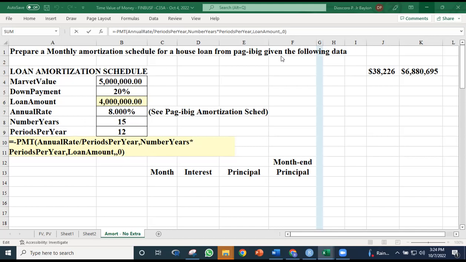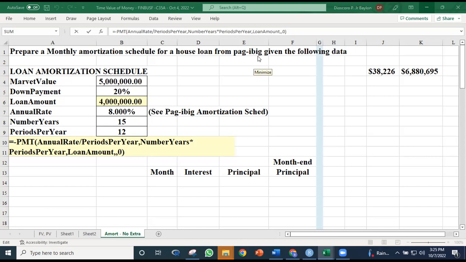Good. Okay, so I'm sorry I wasn't able to look at your formulas, but I saw that many of you did not use the effective rate, no? The effective rate, which means if it's monthly, then we will have to divide the annual rate by 12. All right, and the period will change.